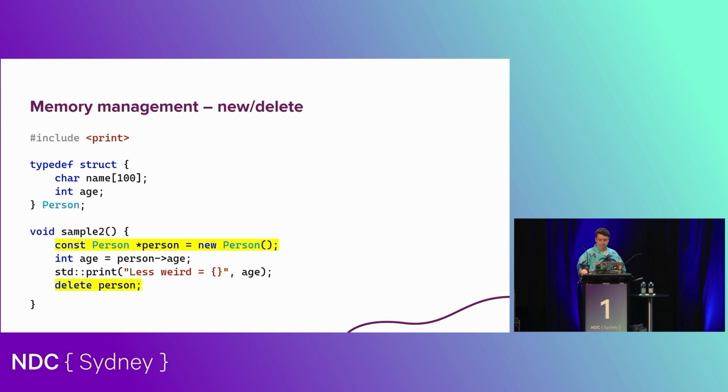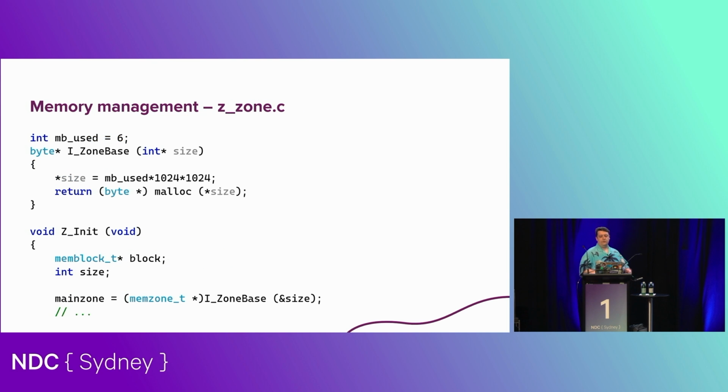Talking about Doom, whenever Doom starts, it needs to allocate a bunch of memory for the game to work. In this case, that works by allocating a main zone of memory on the heap, calling the I_ZoneBase method. And the I_ZoneBase method is just using malloc to allocate 6 megabytes of memory space.